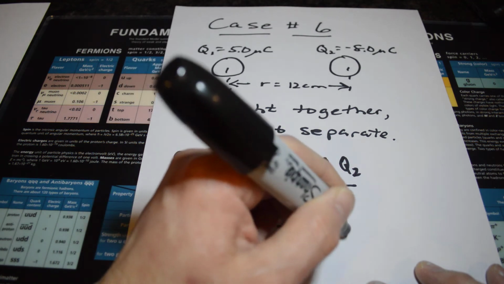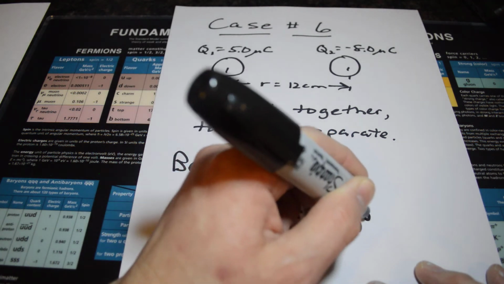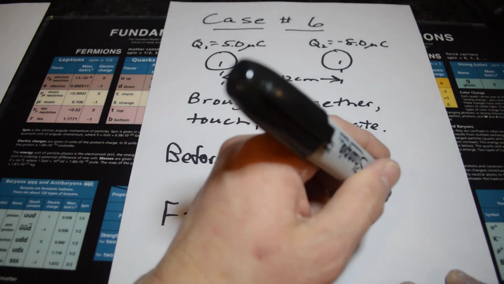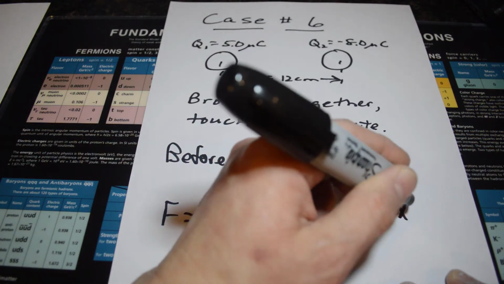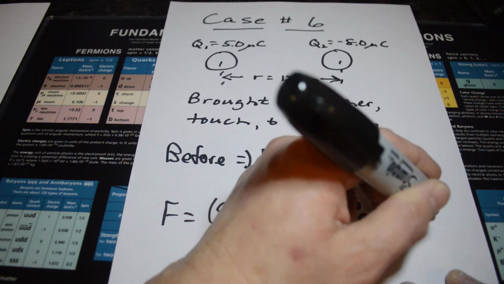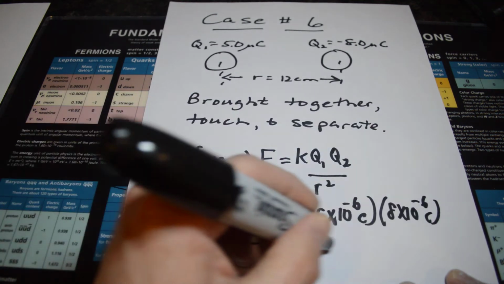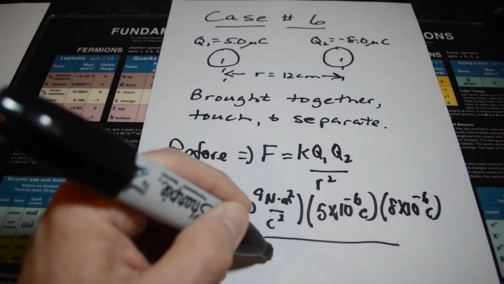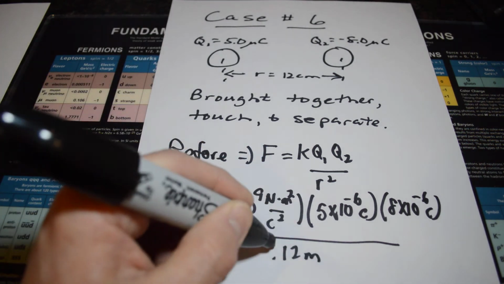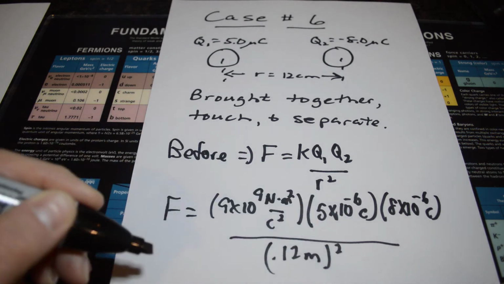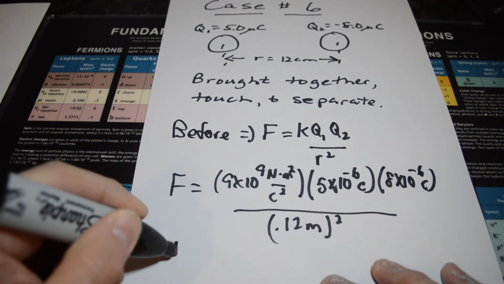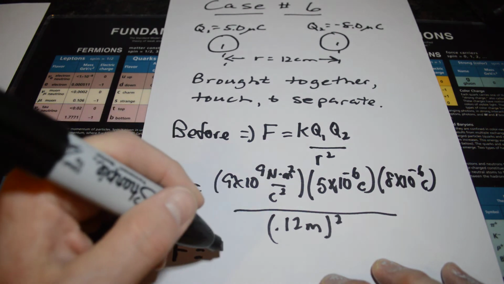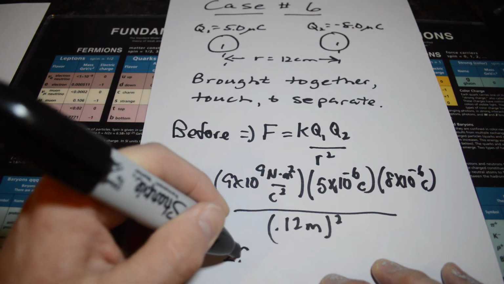You've got 5 microcoulombs is 10 to the negative 6. Then you have negative 8 microcoulombs, 8 times 10 to the negative 6. And then we're going to divide by, the distance here is 12 centimeters, so 0.12 meters, and we're going to square that. If you put all that together, I think your answer is 25 newtons.